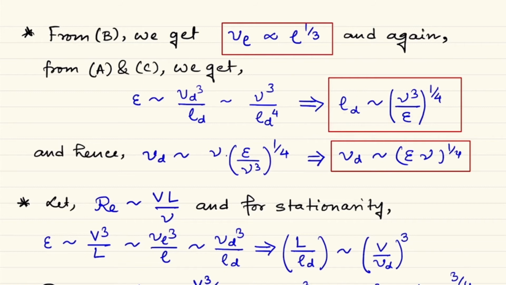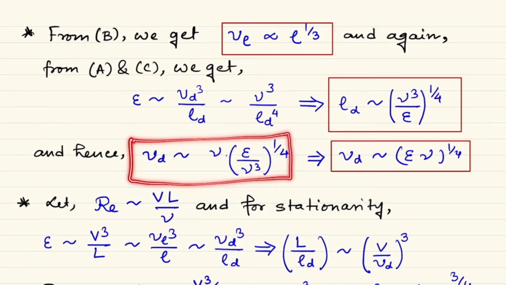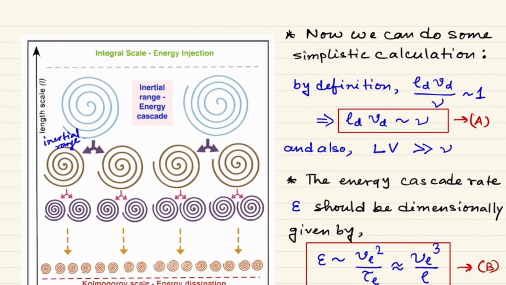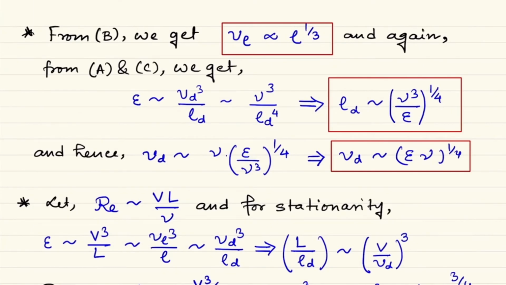So that's a very important result. And again V_D, which is also proportional to L_D to the power 1 by 3, can be equal to nu times epsilon by nu cube to the power 1 by 4. This can be easily explained, because once you have L_D, V_D is nothing but nu by L_D. So V_D is of the order of epsilon nu to the power 1 by 4.